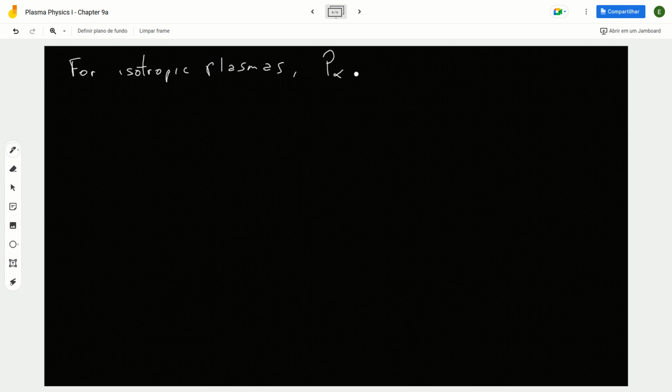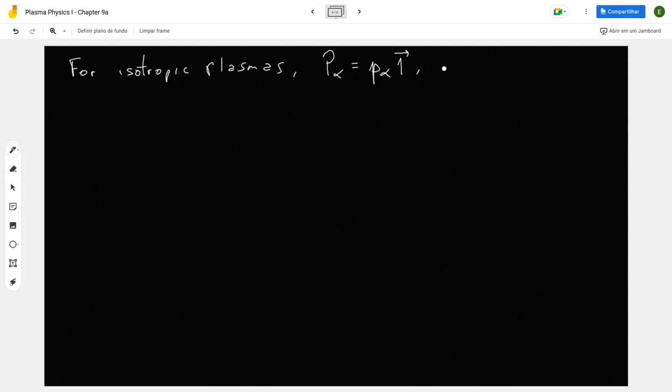You have the alpha pressure equal to a scalar pressure times the identity tensor matrix, right? So it's just the same P in each element of the main diagonal.